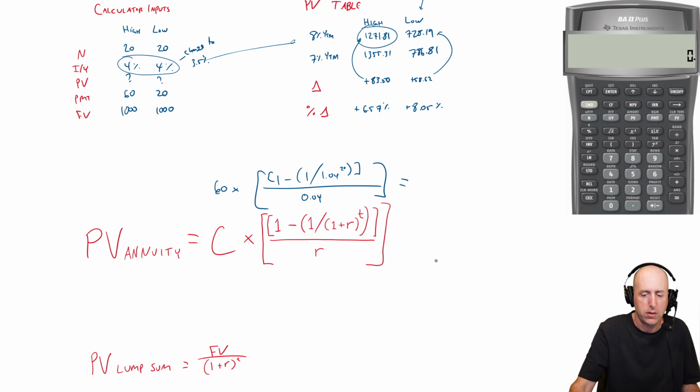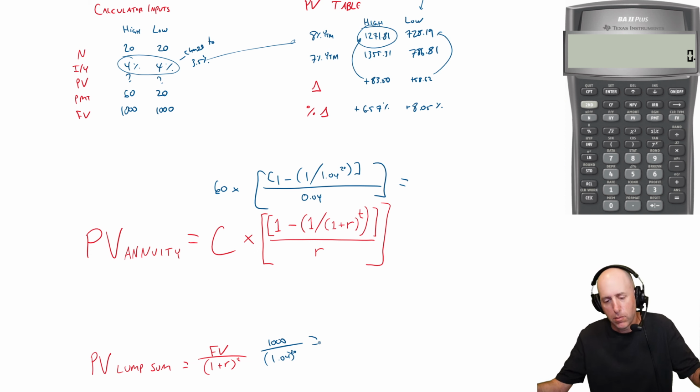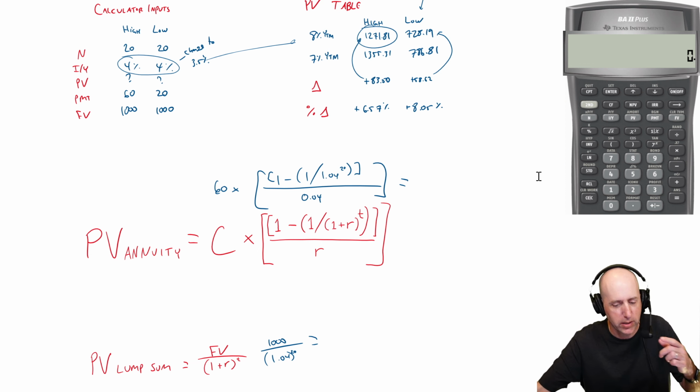That's going to give us our present value of our interest flow. Now we're getting a $1,000 payment at the end of this thing, so it's going to be 1,000 divided by 1.04 to the 20. 10 years from now, that's what the value of that's going to be. And we combine the two values, we'll get hopefully 1271.81 as our total. But let's run the numbers.